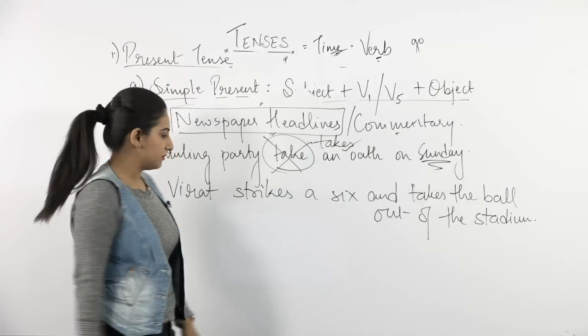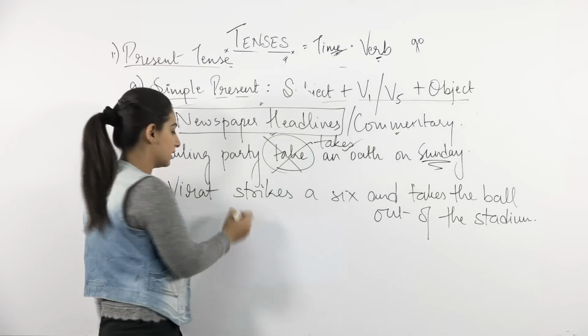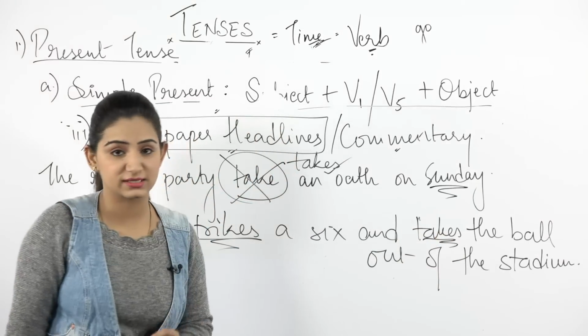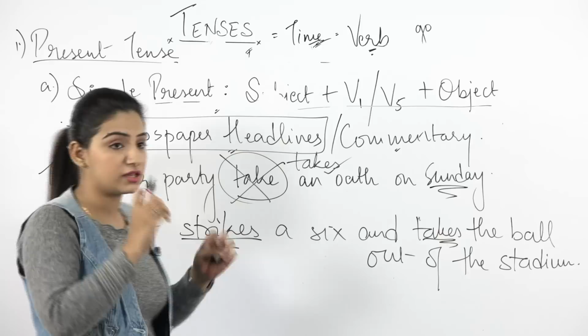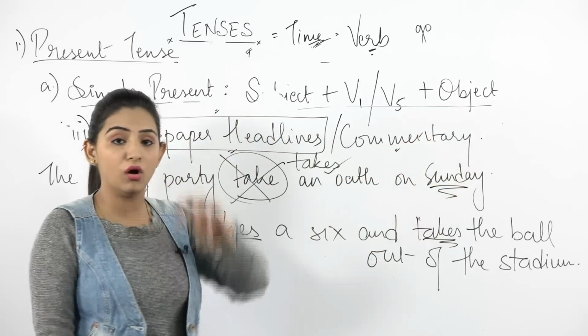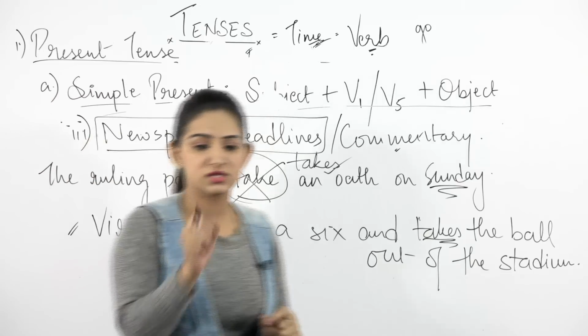Now, tell me, Virat has already struck the 6, but here we have used strikes and here we have used takes. Why have we used it? Because these are the words of a commentator. And whenever we give a commentary, we always use simple present with it. Fine? So this was the correct sentence.